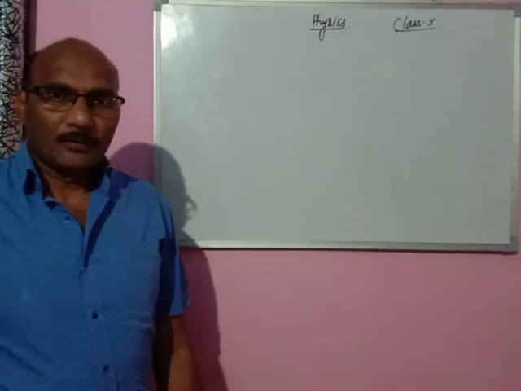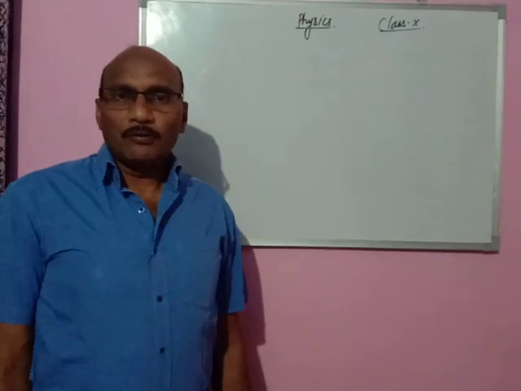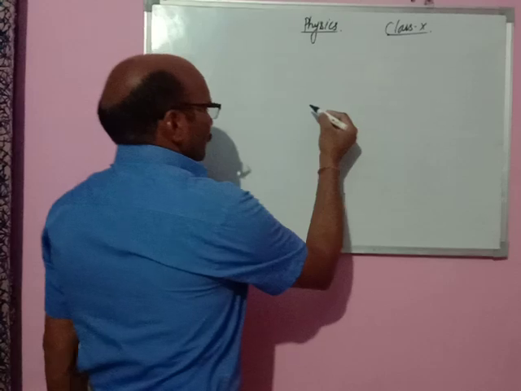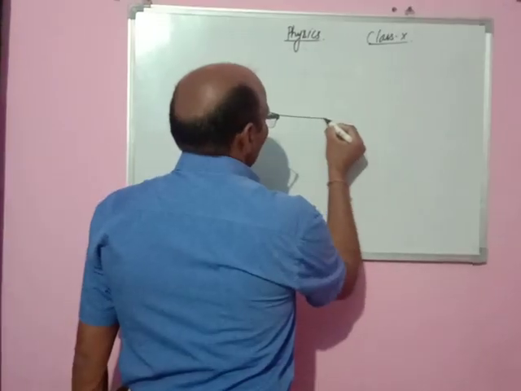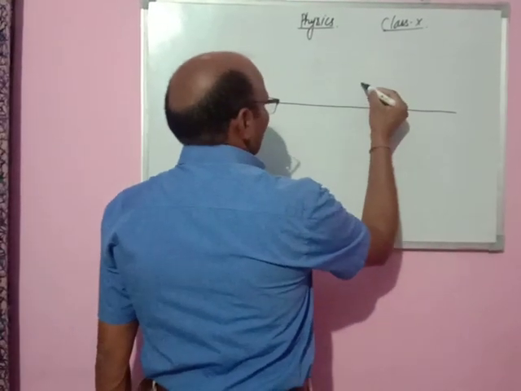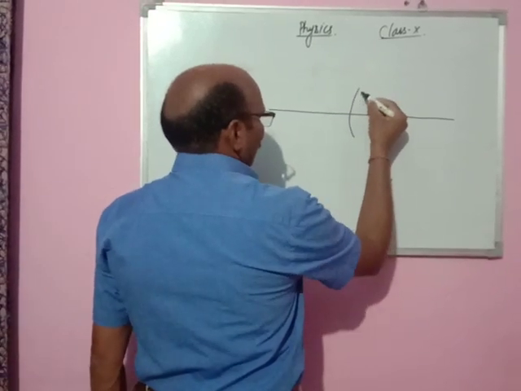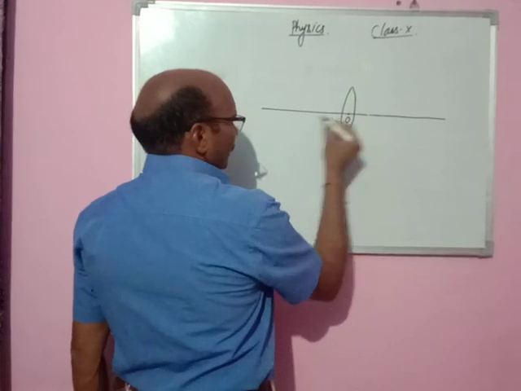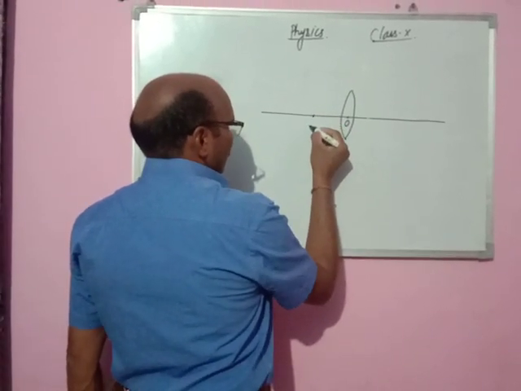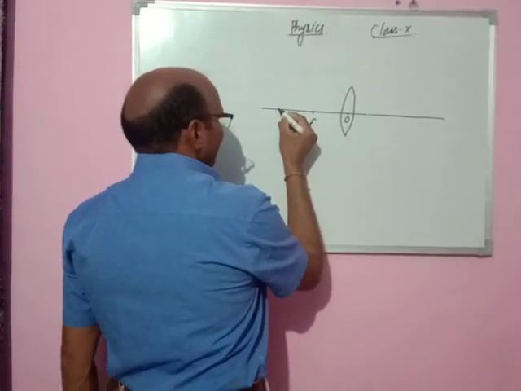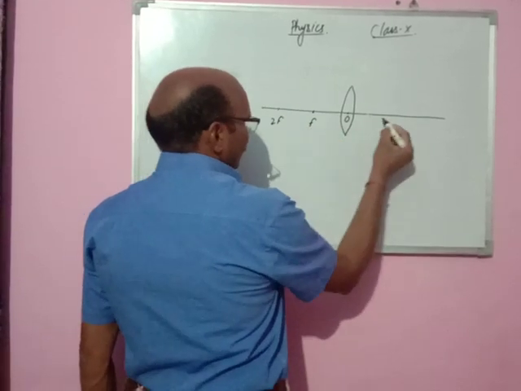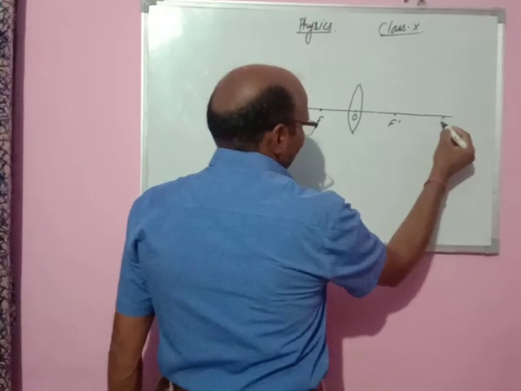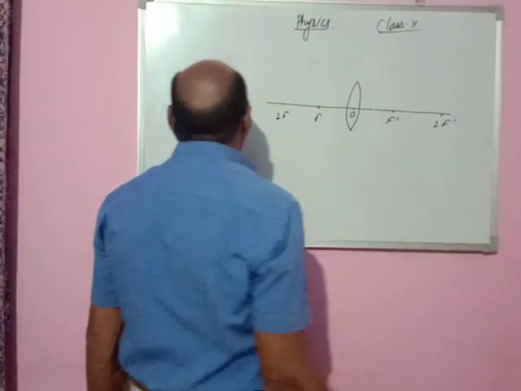Okay, so to draw the ray diagrams, first we should recall the basic concept of a convex lens. This is the convex lens, this is the origin, this is F, this is 2F, this is F dash, and this is 2F dash.